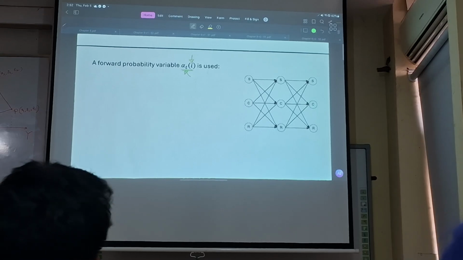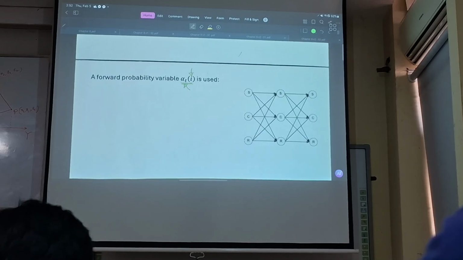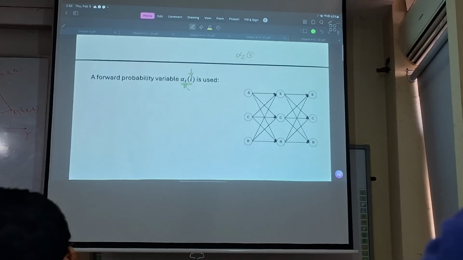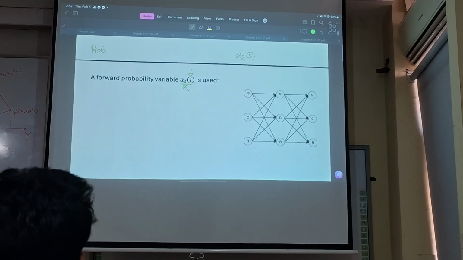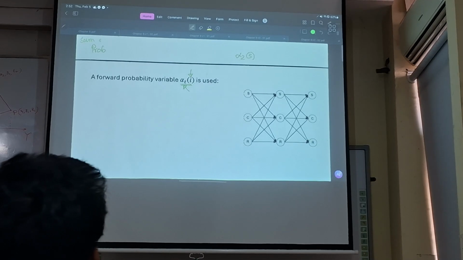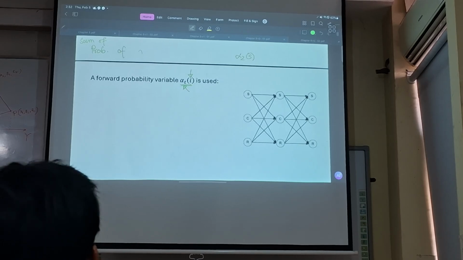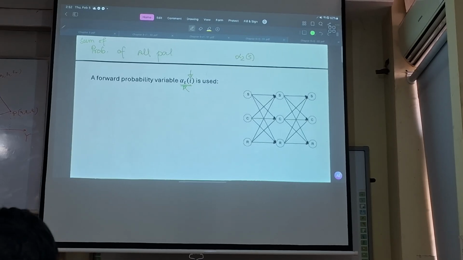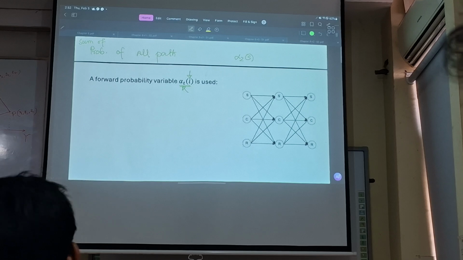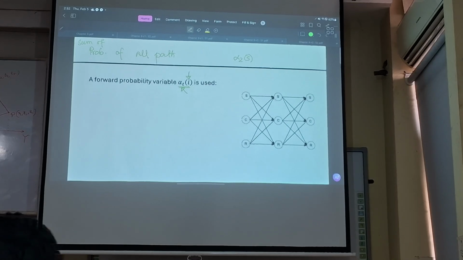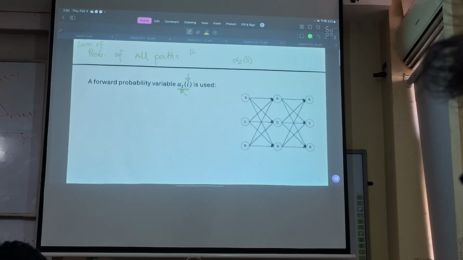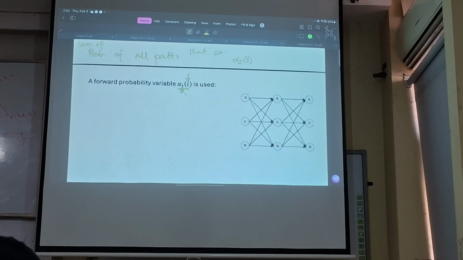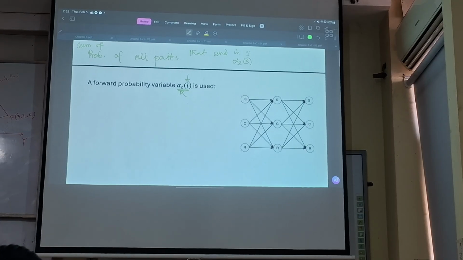So for us, what we have actually is alpha 2 S. This means the probability, in fact, the sum of probability of all paths. Actually, path is not a widely used term here. We are using it just to understand it clearly. All paths that end in state S.